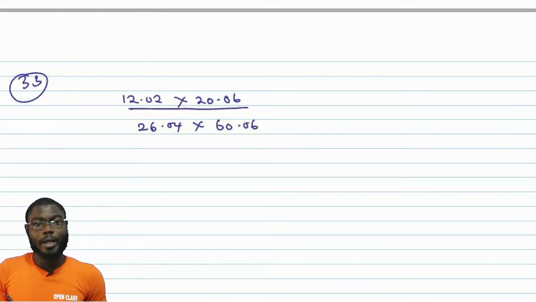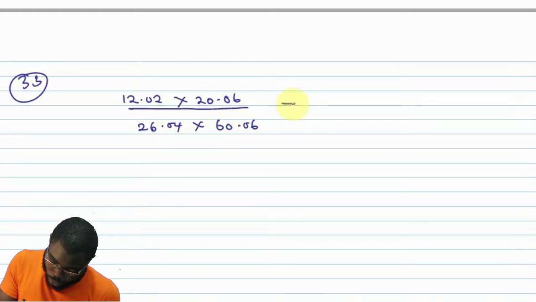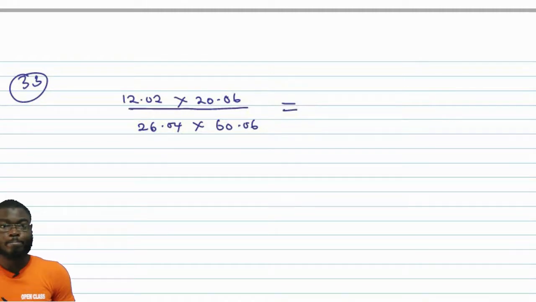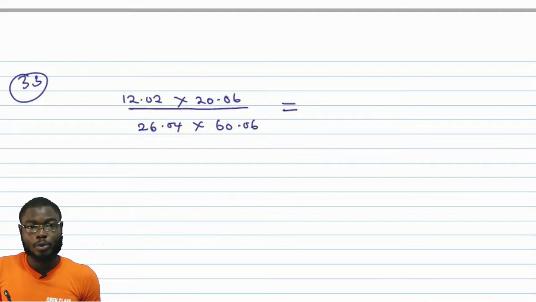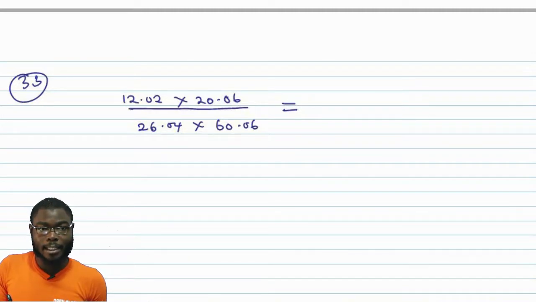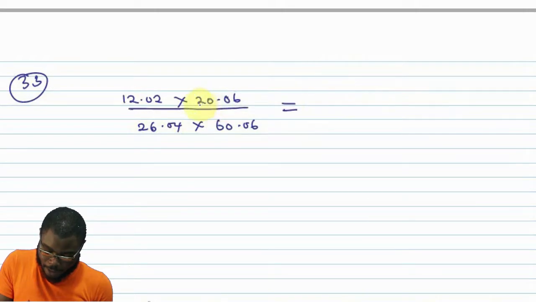So we are to evaluate to 3 significant figures. What I'll do is divide this by 10. If 10 divides this, it is going to be 2.006.